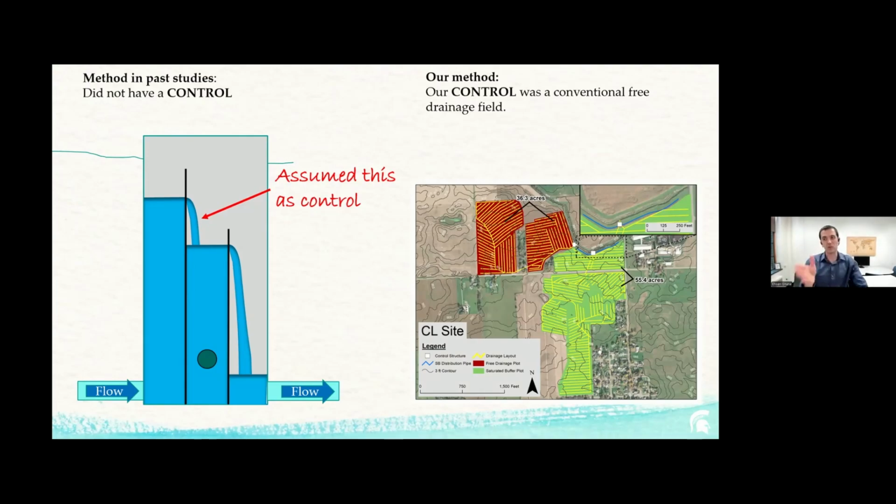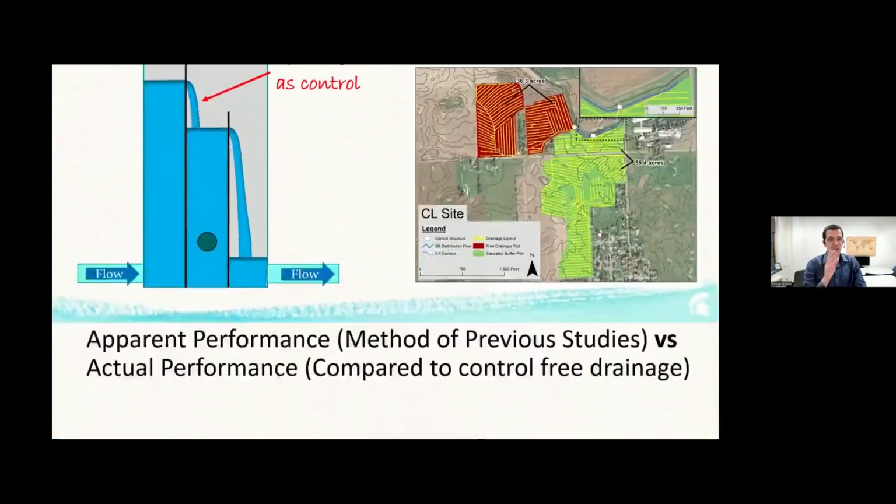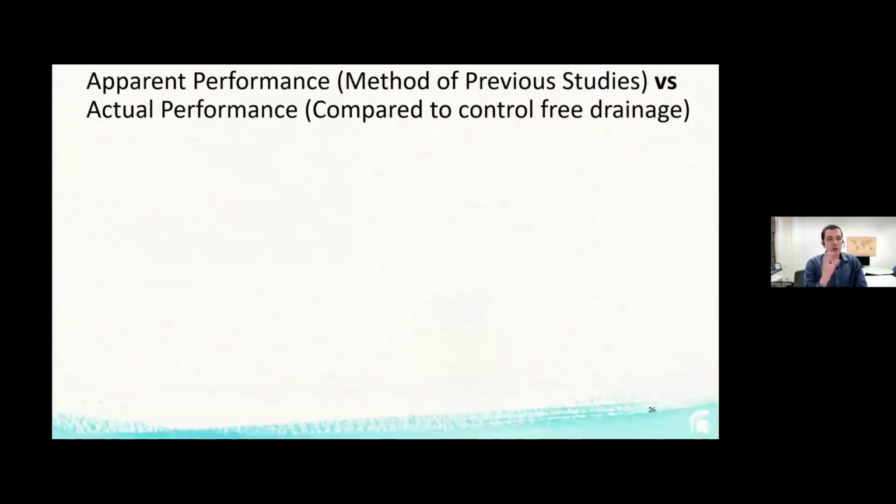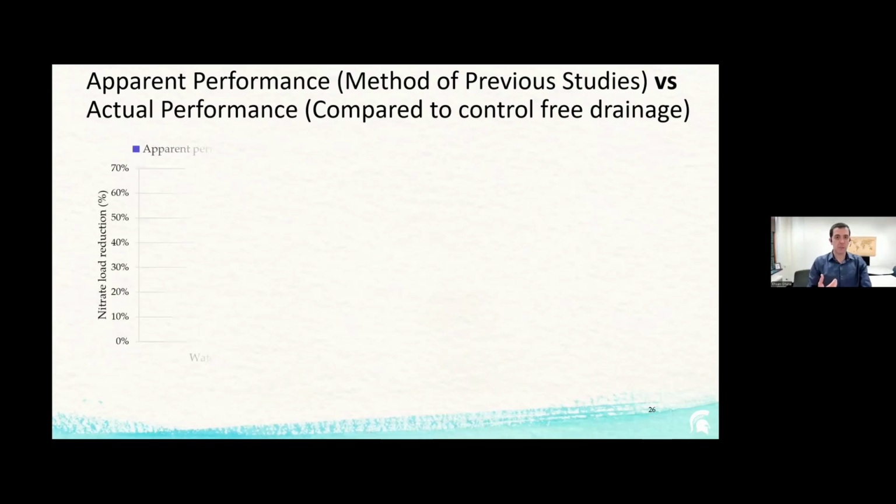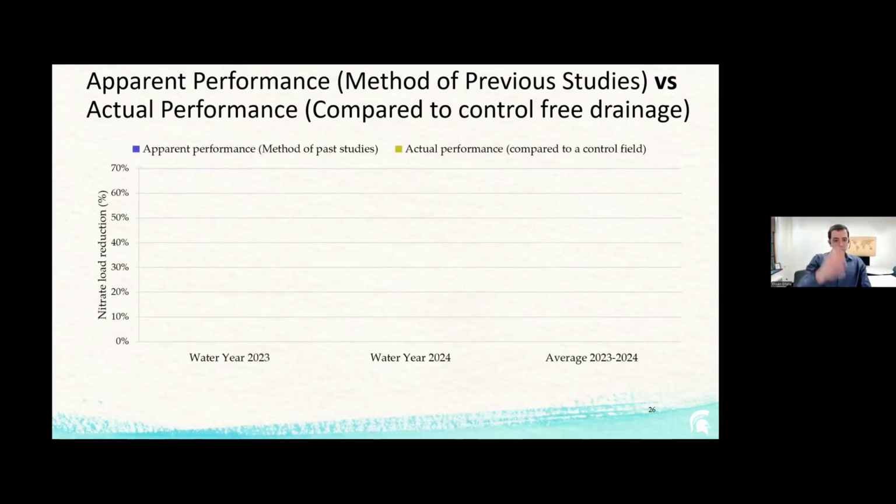That is only possible with the paired field approach. So I'm going to call the method used in previous studies the apparent performance, and the new method the actual performance, which is only allowed if you have a control and the paired field approach. And these are 2023, 2024, and the average of the 2 years.